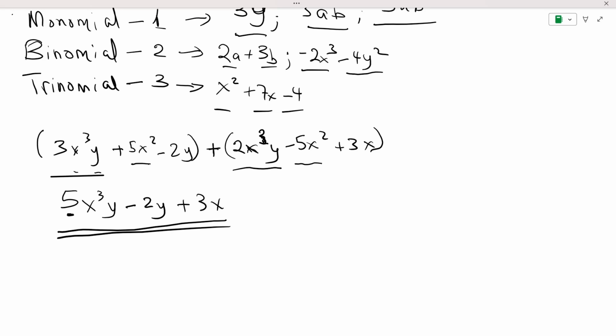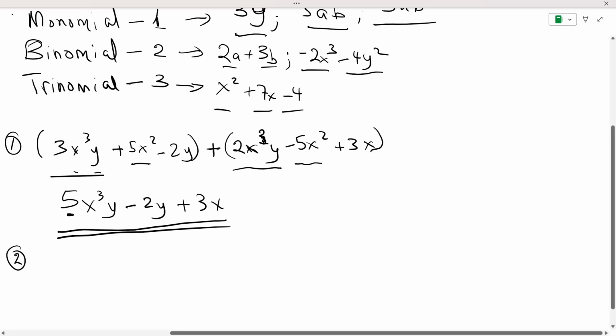All right. Now let's try another example that involves subtraction. Again, I'll choose a binomial, and then I'll subtract a trinomial. Now let's look at example number 2.